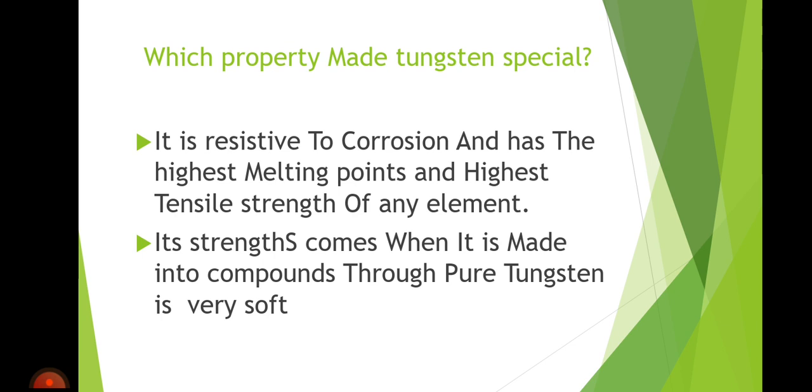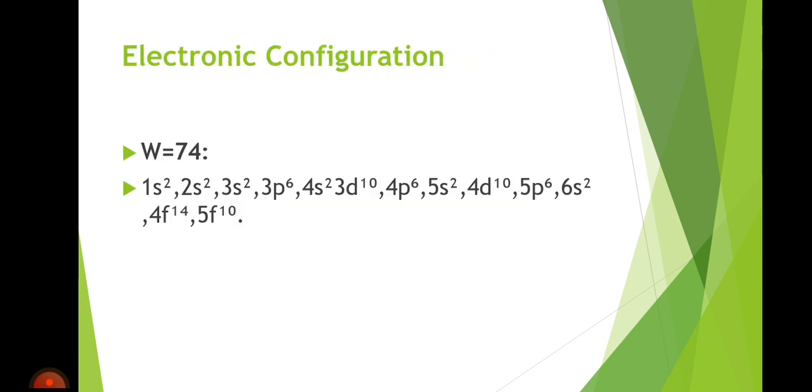Answer: it is resistant to corrosion and has the highest melting point and highest tensile strength of any element. Its strength comes when it is made into a compound, though pure tungsten is very soft.